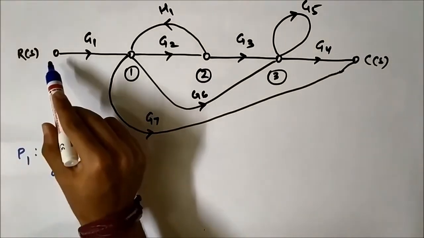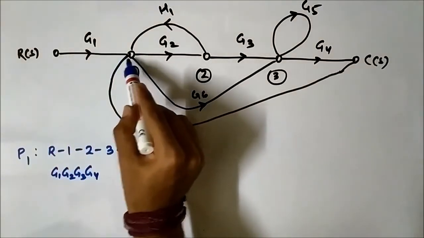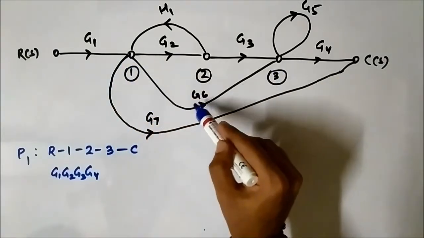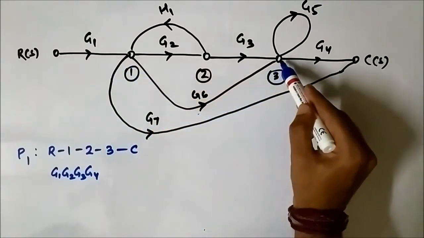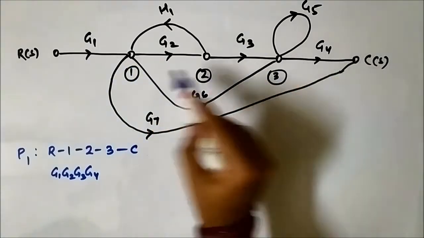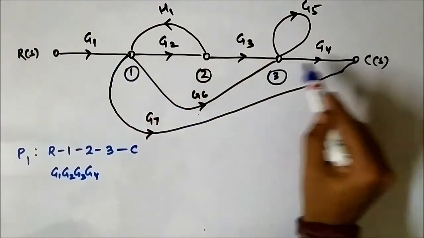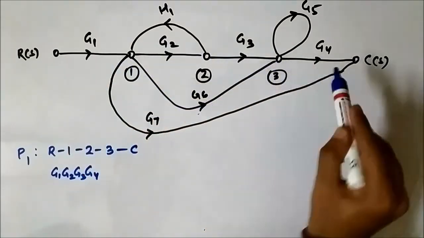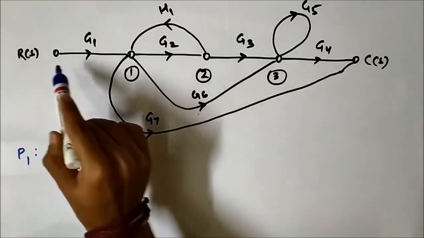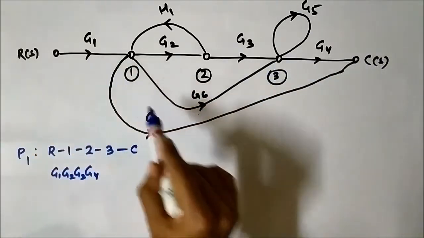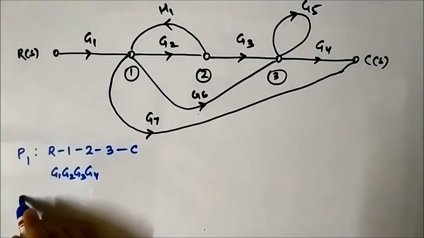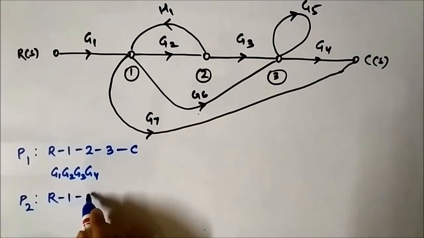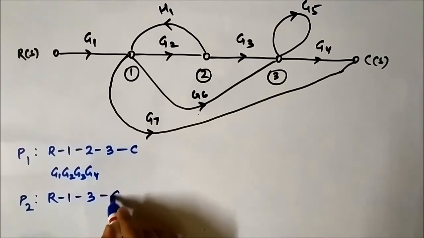Yes, see, R to 1, then 1 to 3, see the direction of the arrow, R to 1, 1 to 3, 3 to C. It fulfills the definition of the forward path, joining the input and output node in the forward direction. So R to 1 to 3 to C is path number 2.